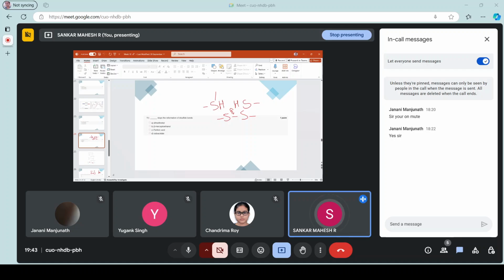Then we looked at how disulfide bonds are formed in the context of proteins, where you have this cysteine amino acid. So intramolecular and intermolecular disulfide bonds can be formed, but this is reversible. This is reversible if you covalently attach a particular moiety to the thiol groups in cysteine.